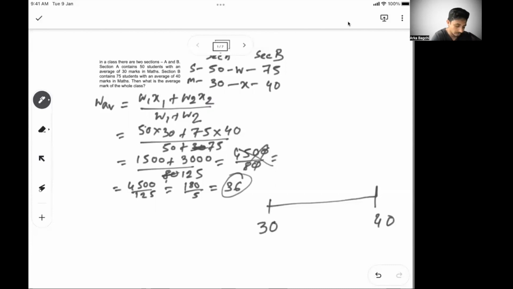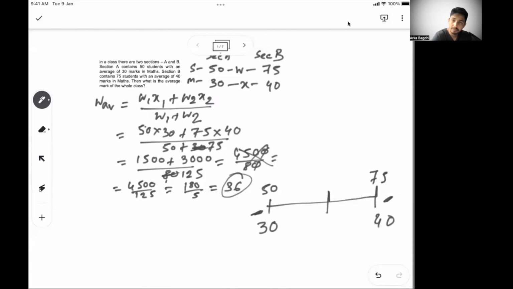So my weighted average will lie somewhere between 30 and 40, not in the exact middle. At this end we have the weight of 50, and at this end we have the weight as 75.